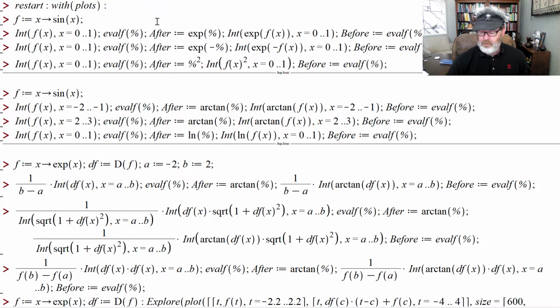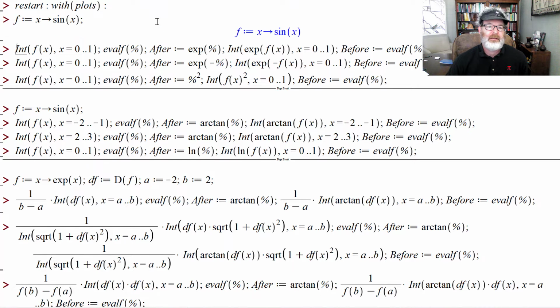So I pick a function. I just picked sine, and sine is positive on the interval from 0 to 1. And my convex function is going to be e to the x. So I'm going to exponentiate sine and then integrate it and compare it to integrating sine and then exponentiating.